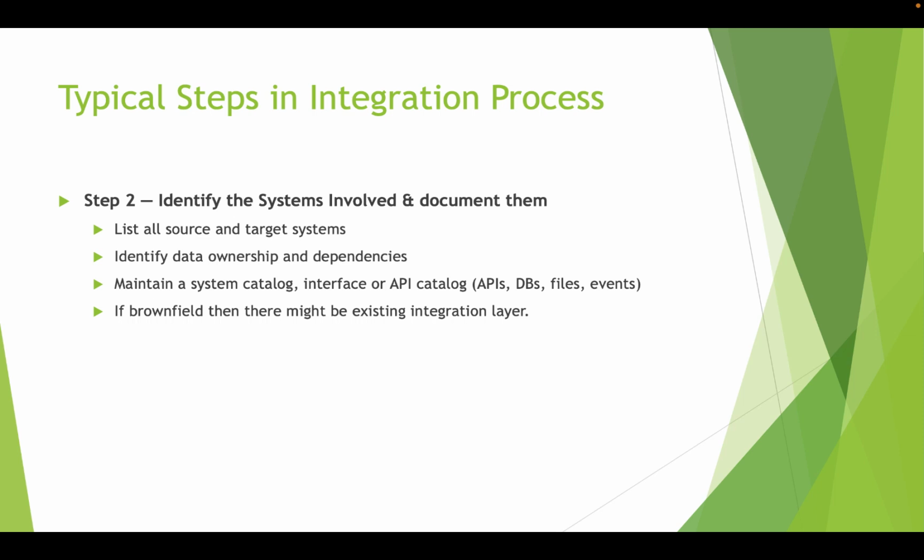And then we create two critical artifacts out of this exercise: the system catalog and the interface or API catalog. In the system catalog, we document every system, its owner, environment, URL, support teams, and contact points.